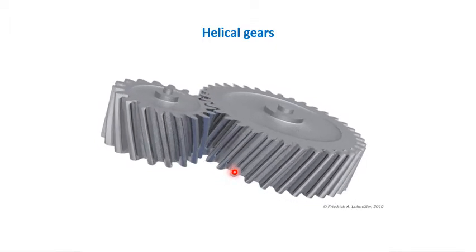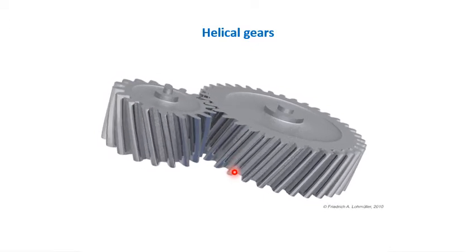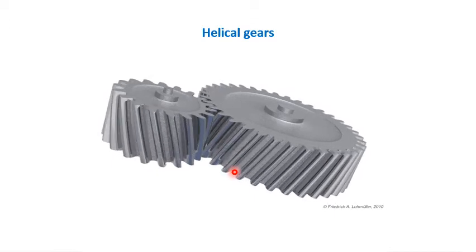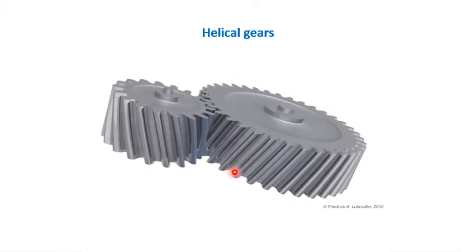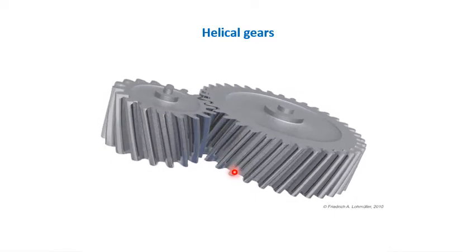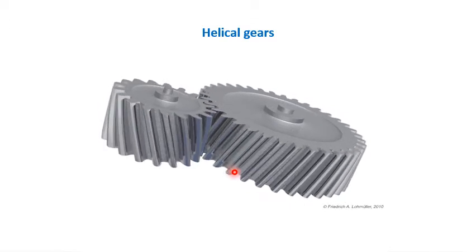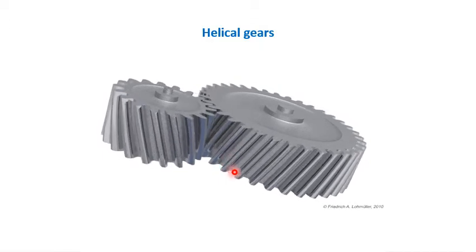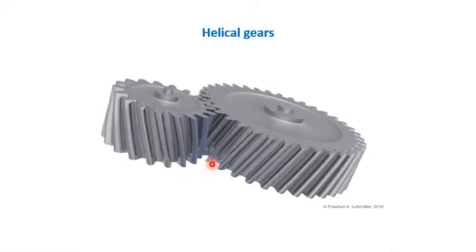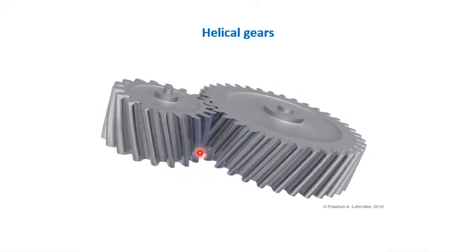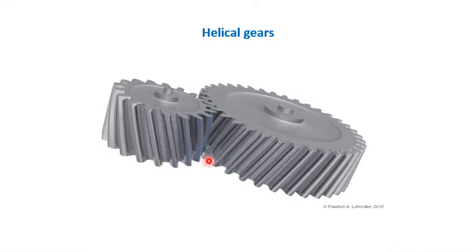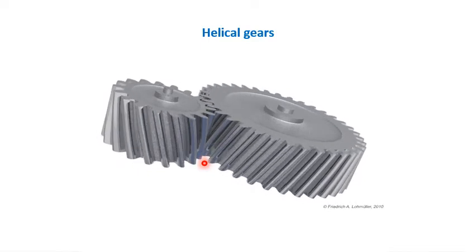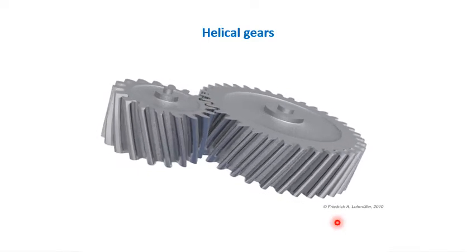Then this helical gear exerts an end thrust which is absorbed by the thrust bearing, because it touches the opposite gear at a single point, therefore there will be an end thrust, and this thrust transfers to the bearings.